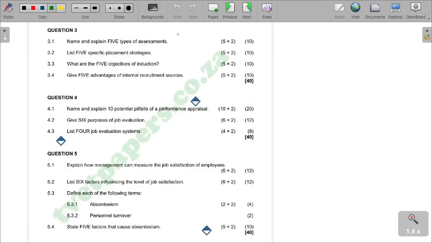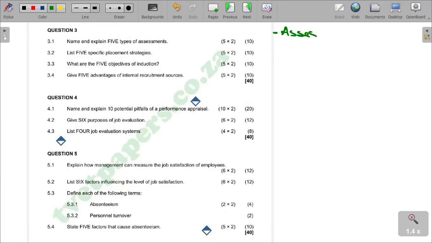The assessments are those tests that are done to identify maybe the best candidate for the job. So they are assessment tests. The first one that we're going to talk about is assessment centers.